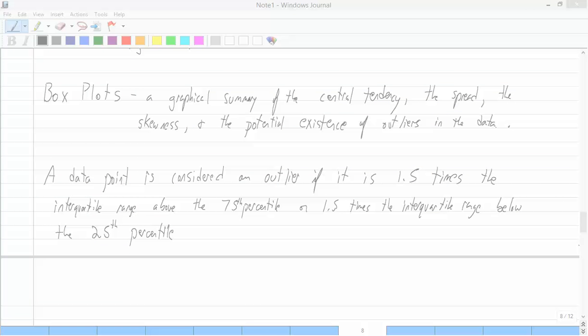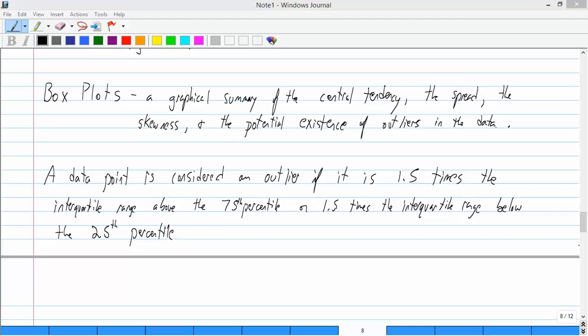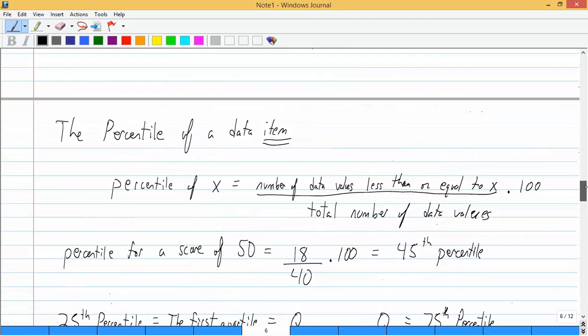So this box plot was made from the data that we were just working with in this table here.